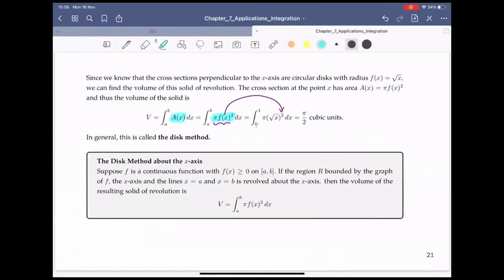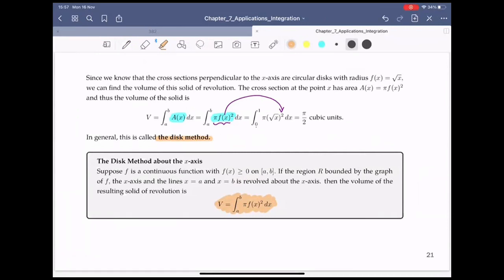This is in general called the disk method. So the disk method about the x-axis has this formula: V equals the integral from a to b of pi f(x) squared dx.